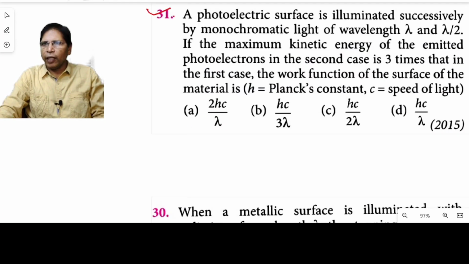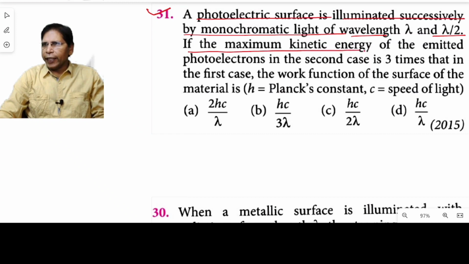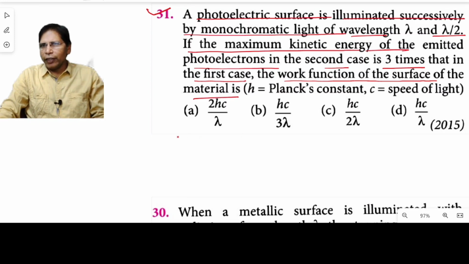Now question number 31. A photoelectric surface is illuminated successively by monochromatic light of wavelength lambda and lambda by 2. If the maximum kinetic energy of the emitted photoelectron in the second case is 3 times that in the first case, the work function of the metal surface is. First, half mv square equals hc by lambda minus w.